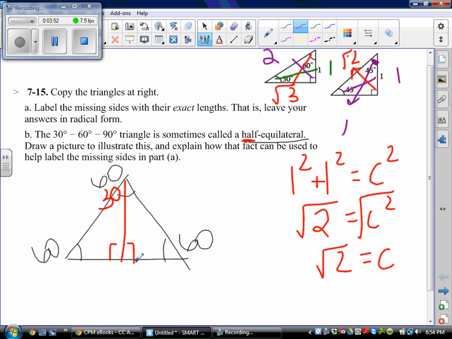So what we knew from before, what was given to us in the problem, in your text, said across from the 30 degree angle was a 1. Right? So across from my 30, I know this is a 1. Now this is also 30 degrees right here, because we cut the 60 in half, so across from here is also a 1. So now we have our entire length of the triangle is really worth 2.